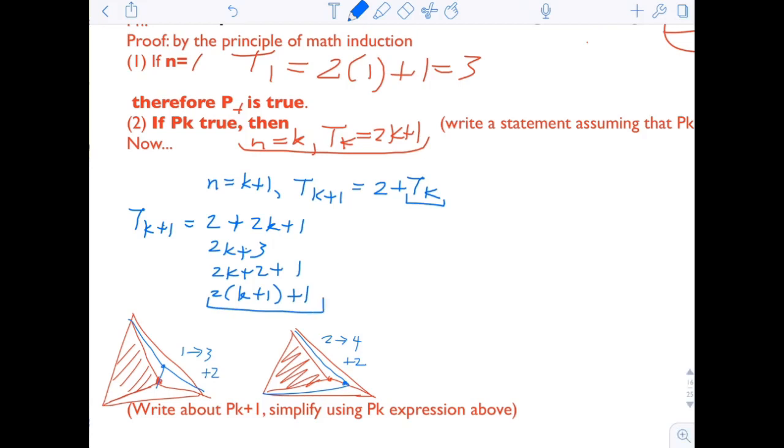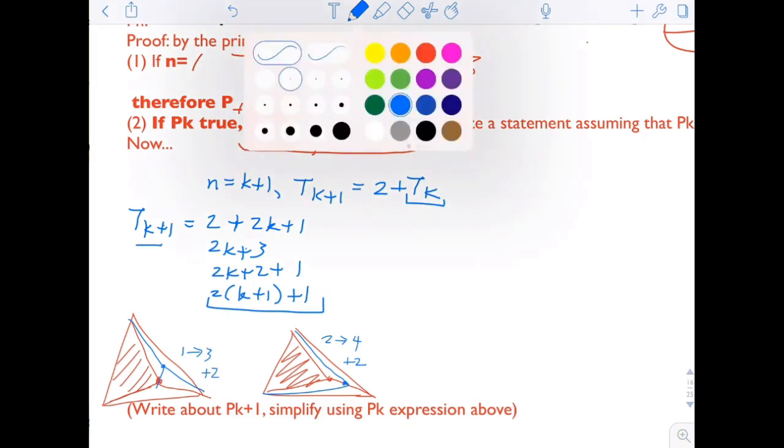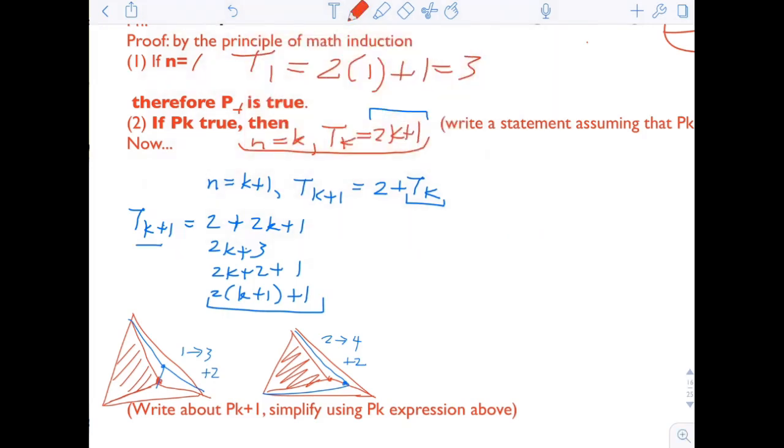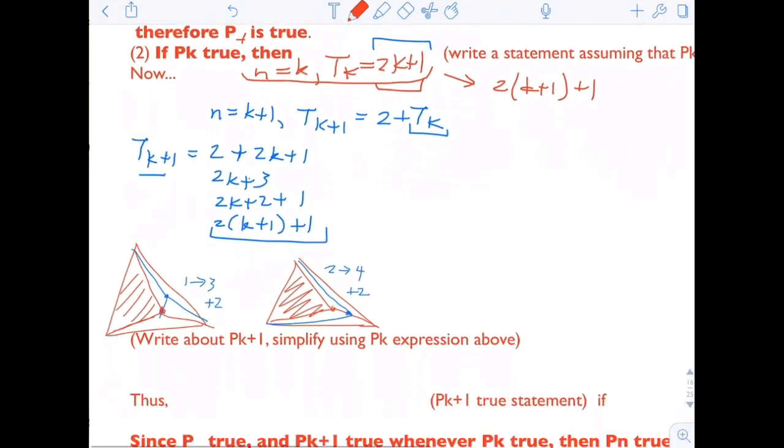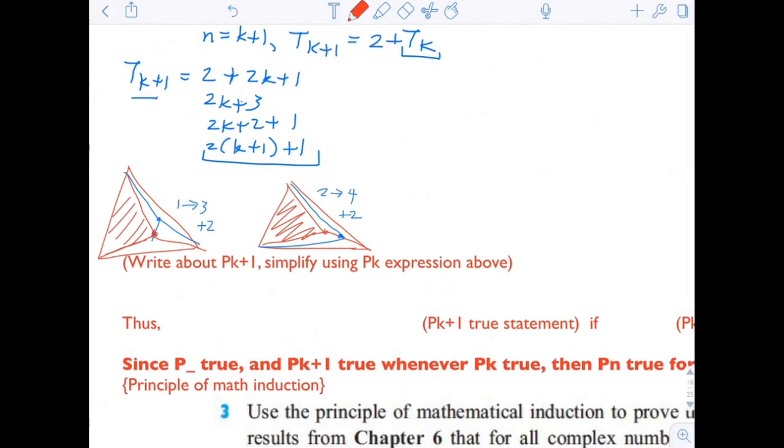If you look at this, and you look at this, you can see that the only difference is, instead of k, we have k plus 1. That is the definition of proving that this works for the k plus 1 case: we take this expression and find out through algebraic manipulation that this is also true. Okay, so it's proven.